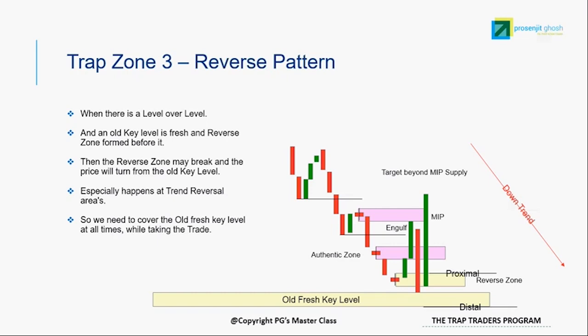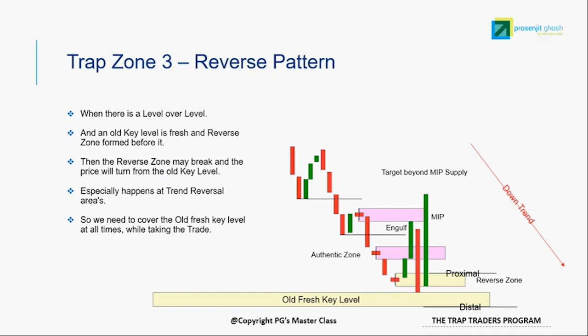Without authentic engulf, nothing can be traded. This is a very important part. I'm sure you need to go through the recording as well, because authentic zones are very, very important.